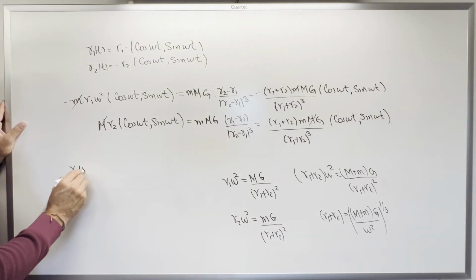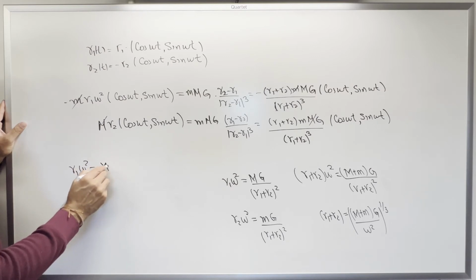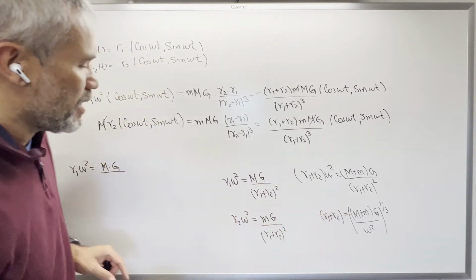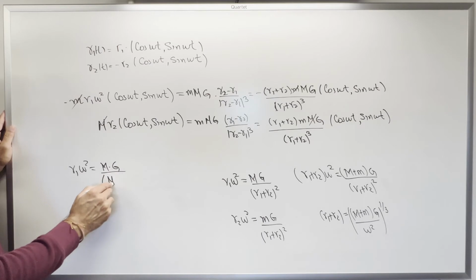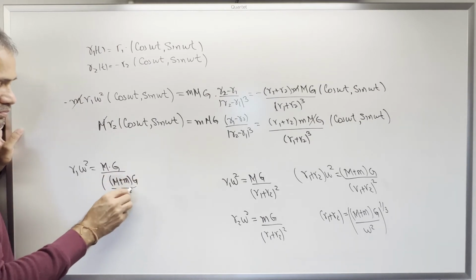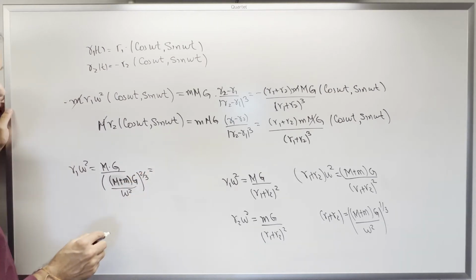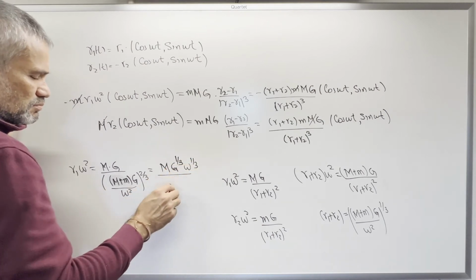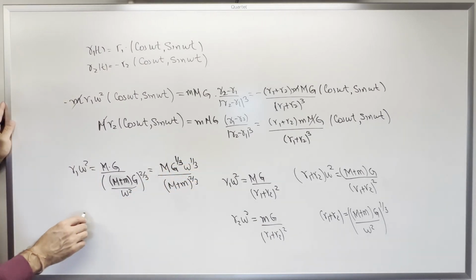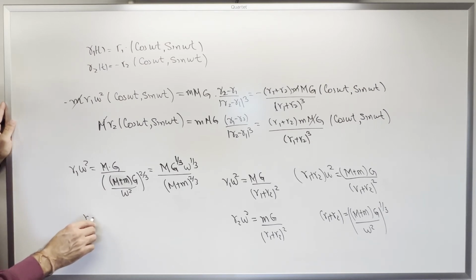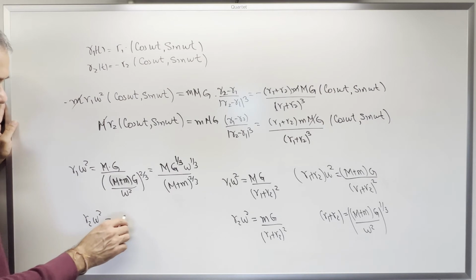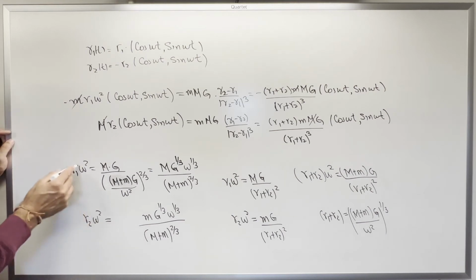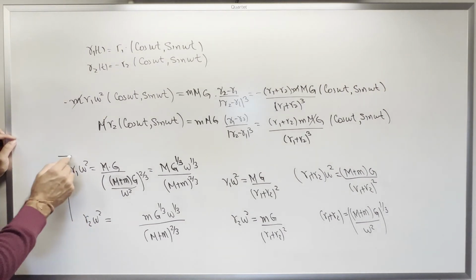We get that r1 omega squared is equal to M times G over this quantity squared, and likewise r2 times omega squared is, and then for any given omega we can get the r1 and r2.